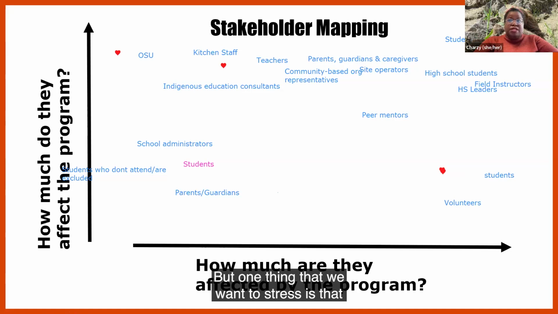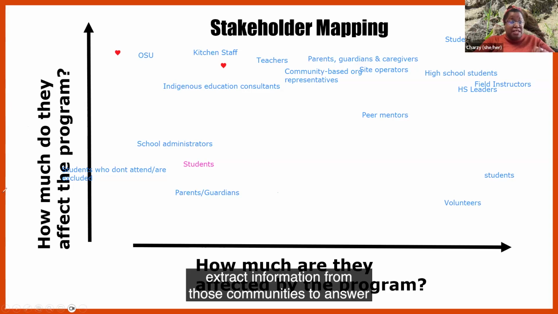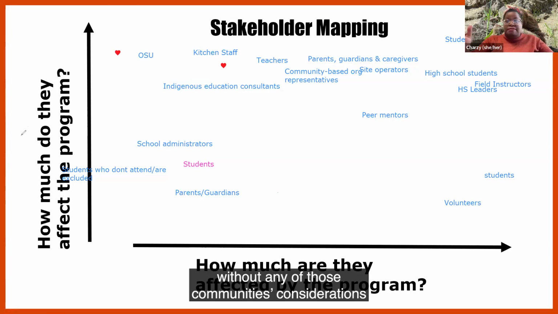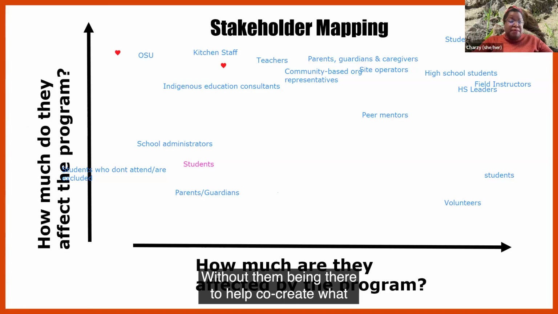But one thing that we want to stress is that stakeholder engagement in and of itself can be a harmful process in how traditionally we have gone into communities in terms of quickly trying to develop relationships, and I'll put quotations around what those relationships actually are, and then trying to extract information from those communities to answer questions that we believe are important without any of those communities' considerations, or without their input, without them being there to help co-create what the important questions are.